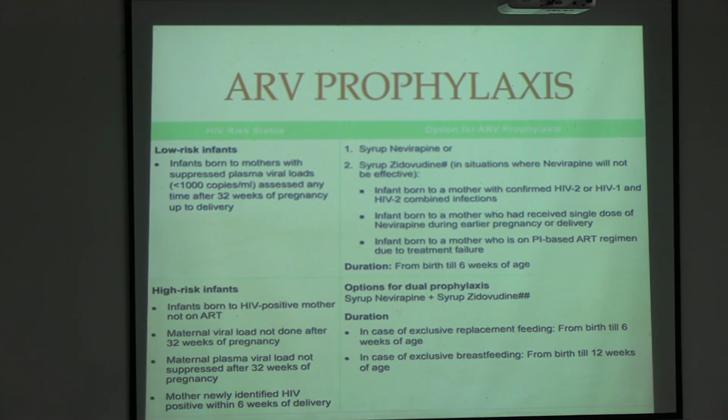How much? Less than 1000 cells per ml. Number one. Second is the baby is born after 32 weeks of pregnancy. Am I clear? 2 pointers only. Mother has low viral load. Number two, baby is more than 32 weeks at the time of termination. That is a low risk infant.